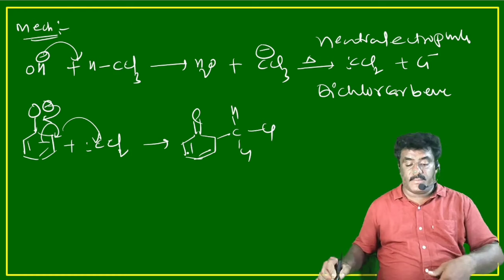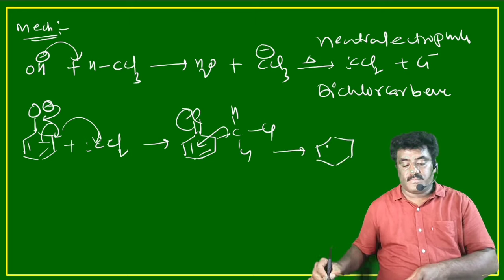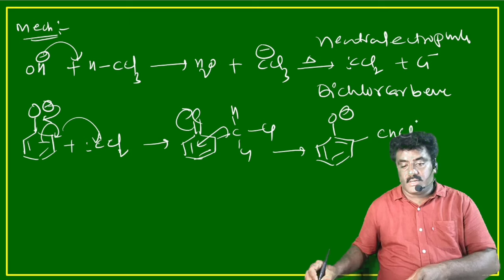This is one. See, when the bond is shifted to this side to form this, CCl2 becomes O minus and a CHCl2.